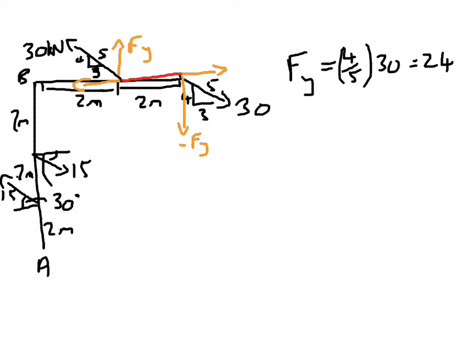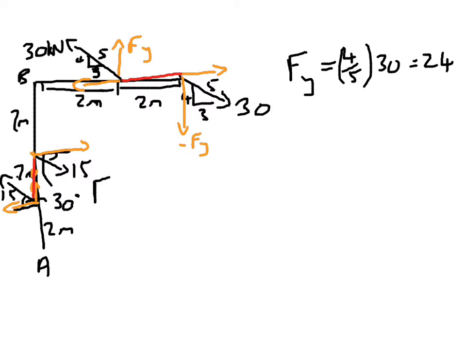Similarly, we can resolve our 15 kilonewtons into x and into y, and you can see that a similar situation exists in that the y components exist in the same line, whereas the x components have a perpendicular distance between them.